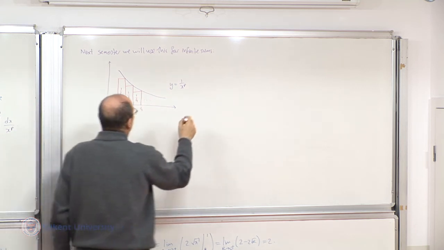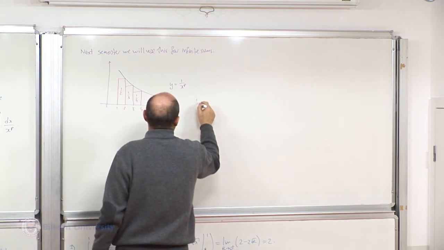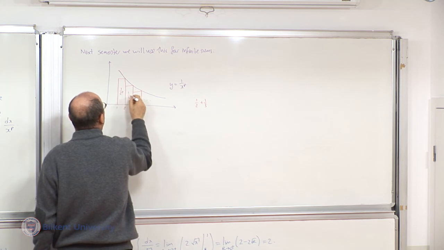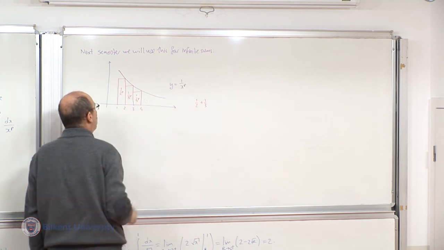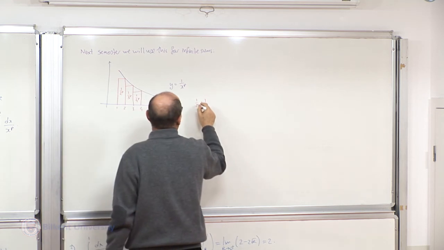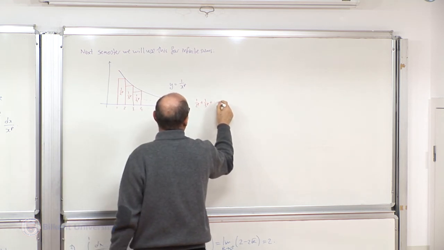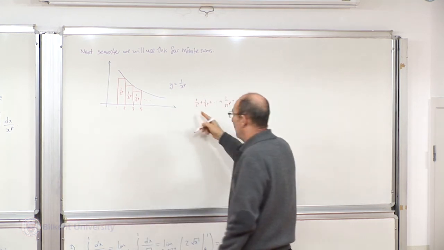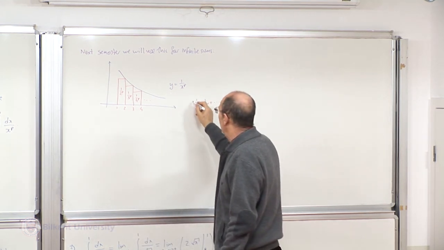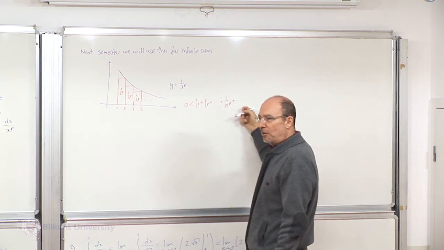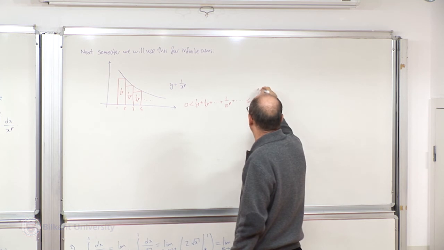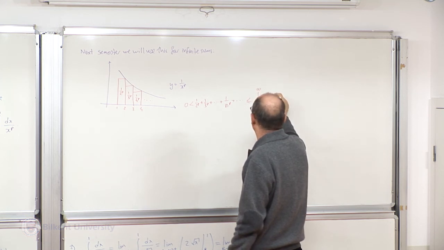So this sum, 1 over 2 to the p plus 1 over 3 to the p, up to 1 over n to the power p, plus this infinite sum. It is positive. It is always increasing, and it is less than or equal to the integral from 1 to infinity dx over x to the power p.